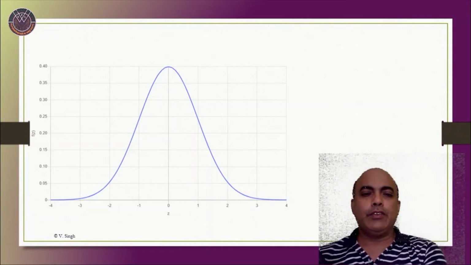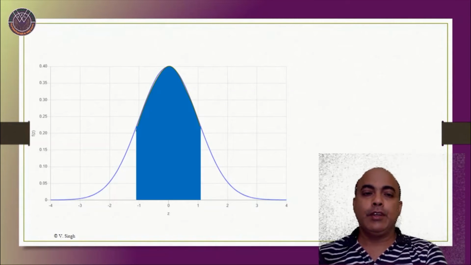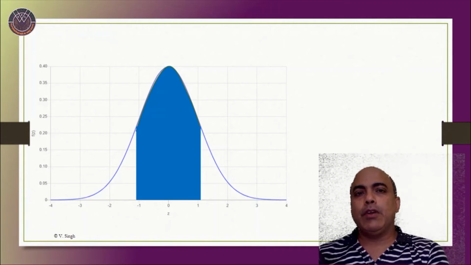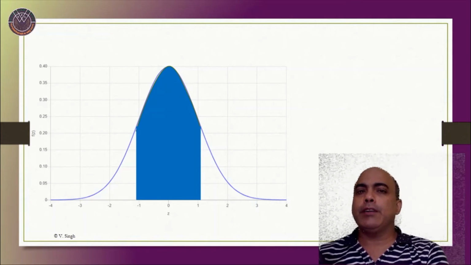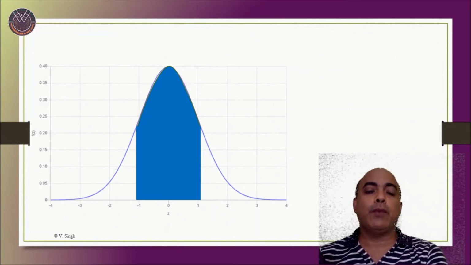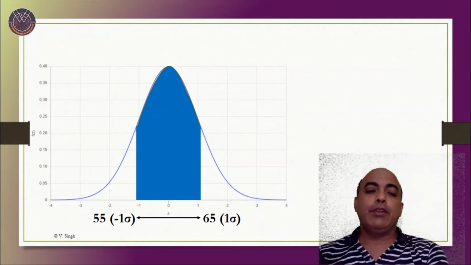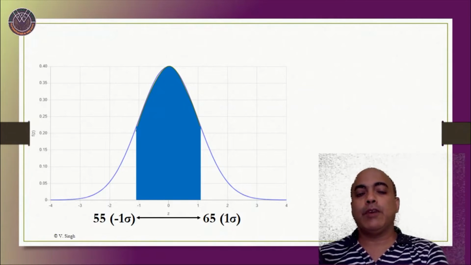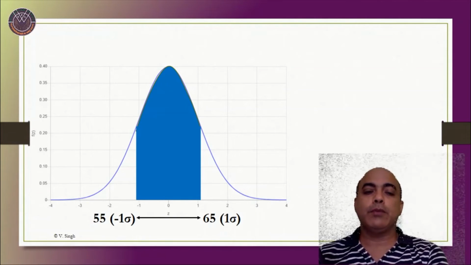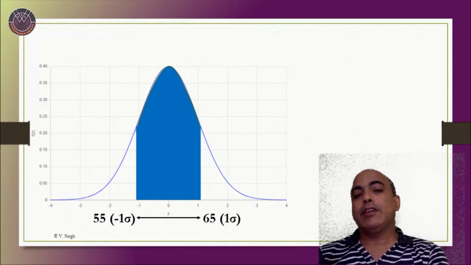In this normal probability curve, we can see that the area under minus 1 sigma to plus 1 sigma can be represented by this blue part. So in between this blue part, that is in between the score 55 to 65 or in between minus 1 sigma to plus 1 sigma, this blue part represents the percentage of cases.